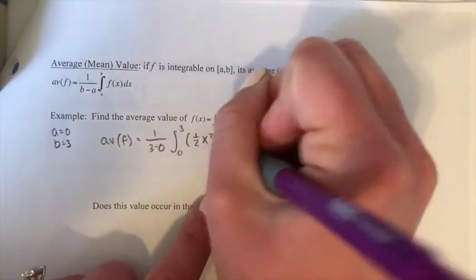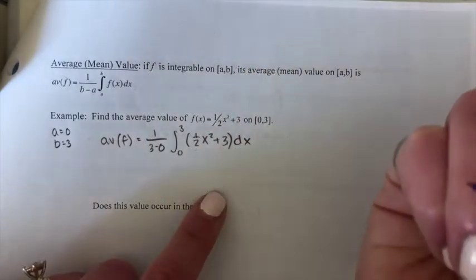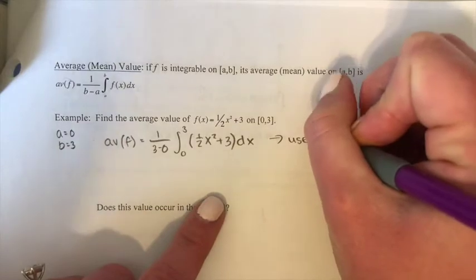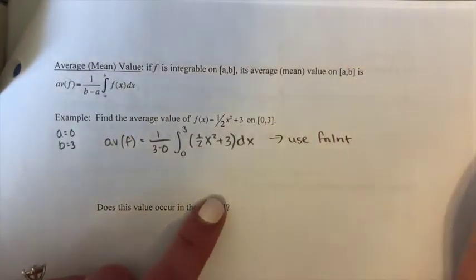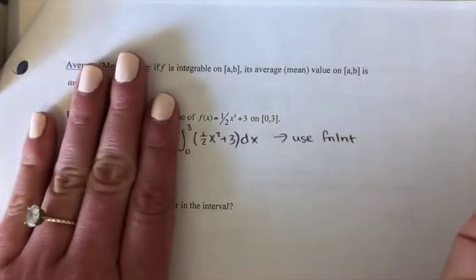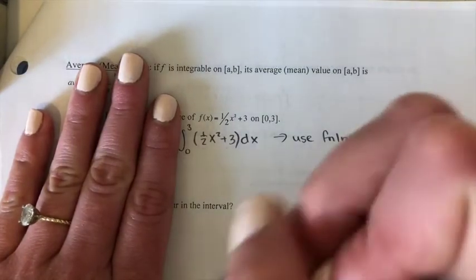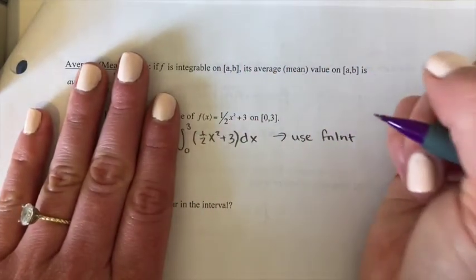Remember, this is the function, and then we're adding up the little tiny bits of it. For now, we're just going to use the function of integration on your calculator. So you're actually just going to type that in, and it's going to spit out a number. And it should look identical to this on your calculators.